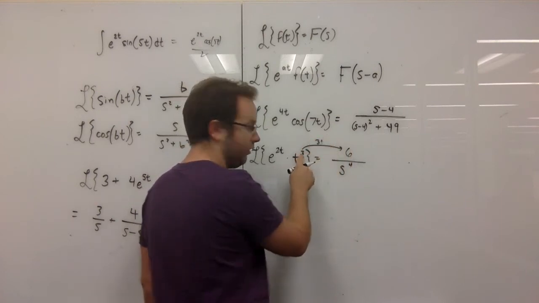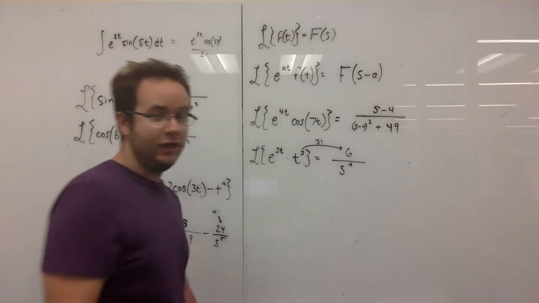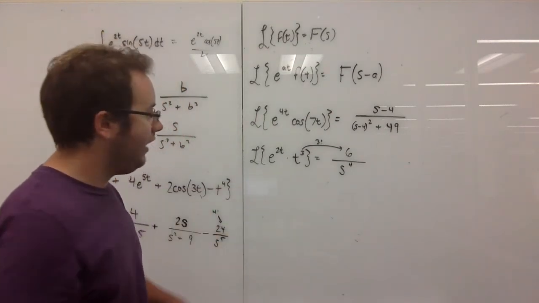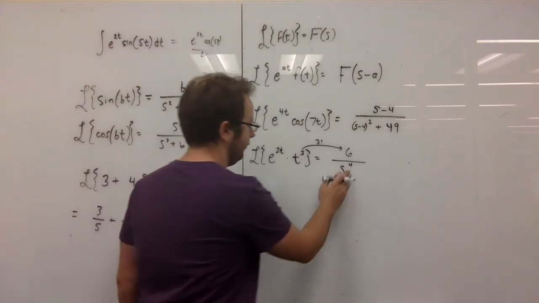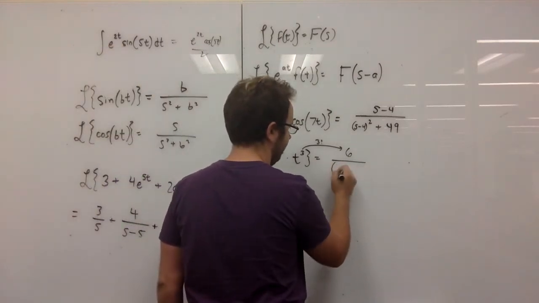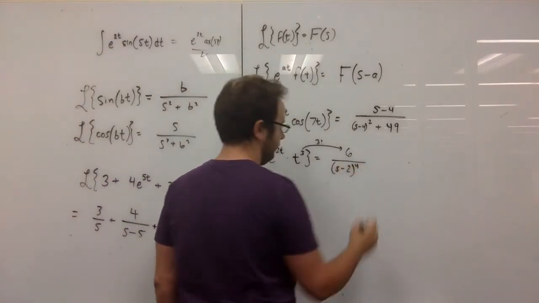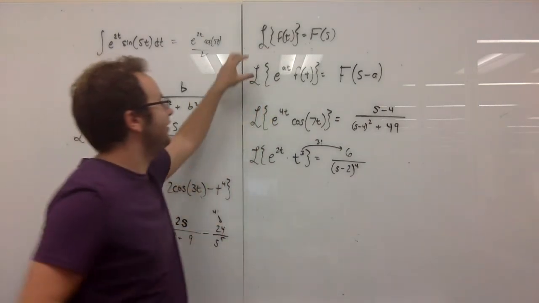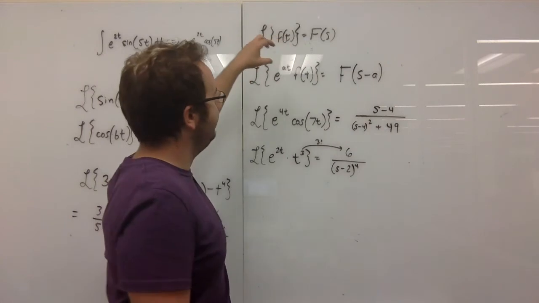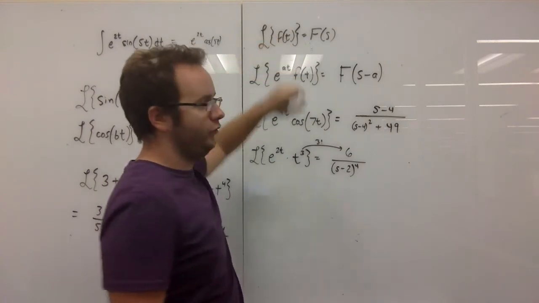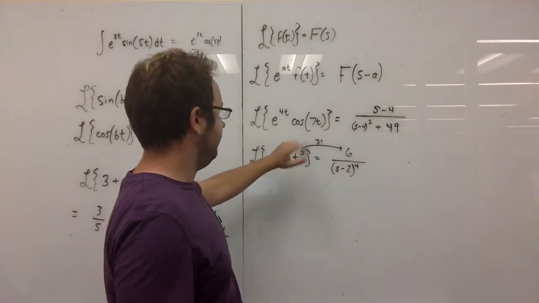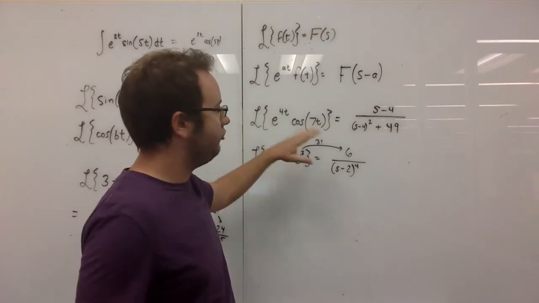You take the power on t, add 1 to it, and get your denominator s term. But it's e to the 2t, so every instance of s gets shifted to the right by 2 units. So instead of s to the 4th, I have s minus 2 to the 4th. Good? This is a really important rule to know, because this might look daunting, but just know I shift everything by 4.